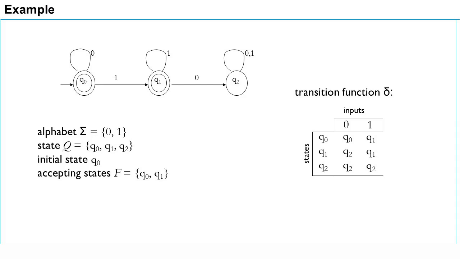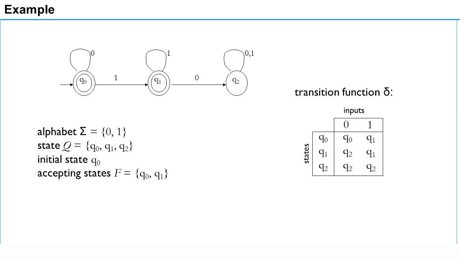The inputs are 0 and 1 and the states are Q0, Q1, Q2. When Q0 takes 0 as input, it remains in the Q0 state. When Q0 takes 1, it goes to Q1.